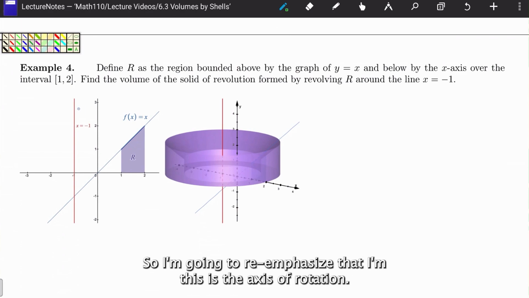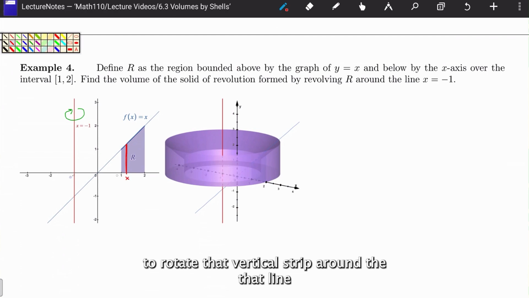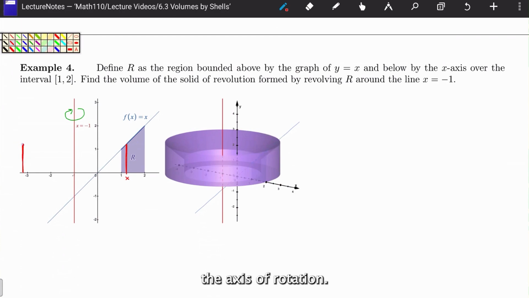So I'm going to re-emphasize that this is the axis of rotation, the x equals -1 line. And I'm going to pick some x value and draw that vertical strip for the x value, and think of what it looks like to rotate that vertical strip around that line, the axis of rotation.